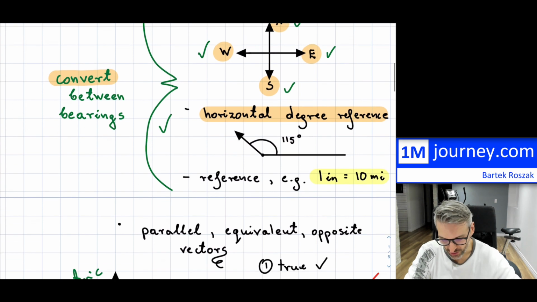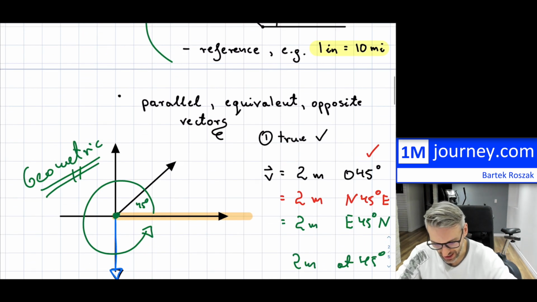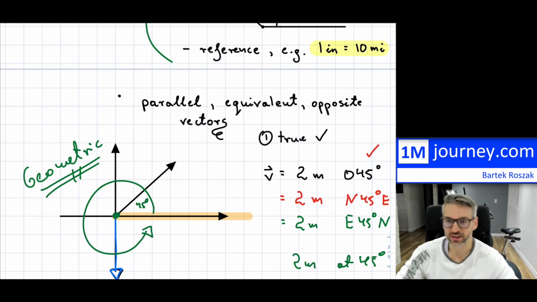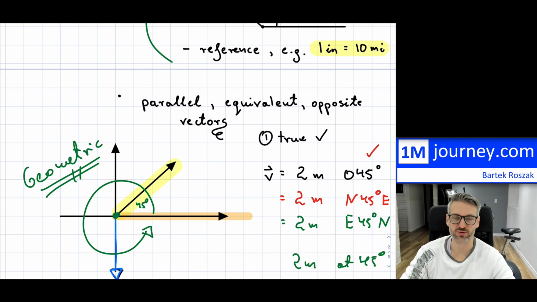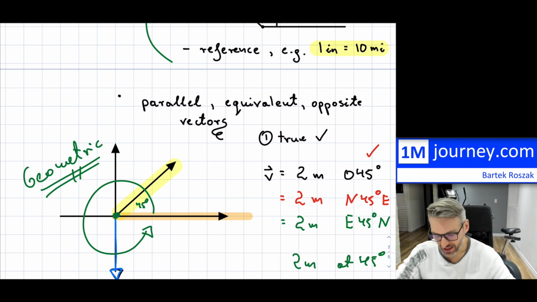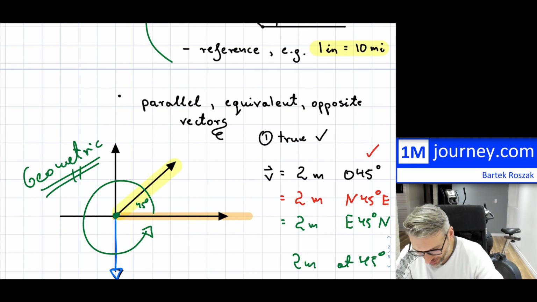Let's say this particular vector that I drew in here is clearly not 2 meters in actual size. As we map these things out, you might put a little legend for yourself, maybe that 1 centimeter is equal to 1 meter.